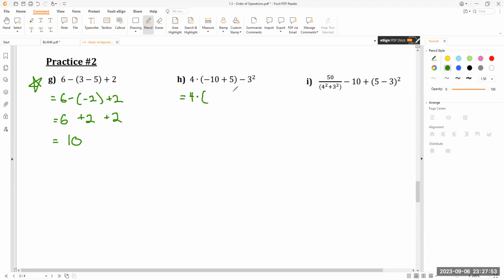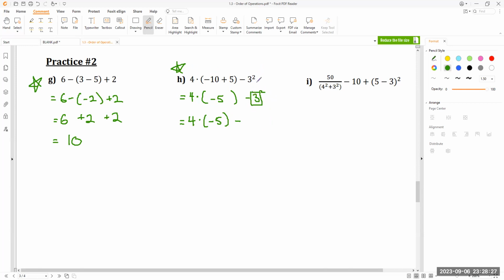4 times what's in the bracket, -5 minus 3 squared. This one, I have a feeling half of you might have made a mistake. A -3 squared is not -3 times a -3. This square only applies to the 3.